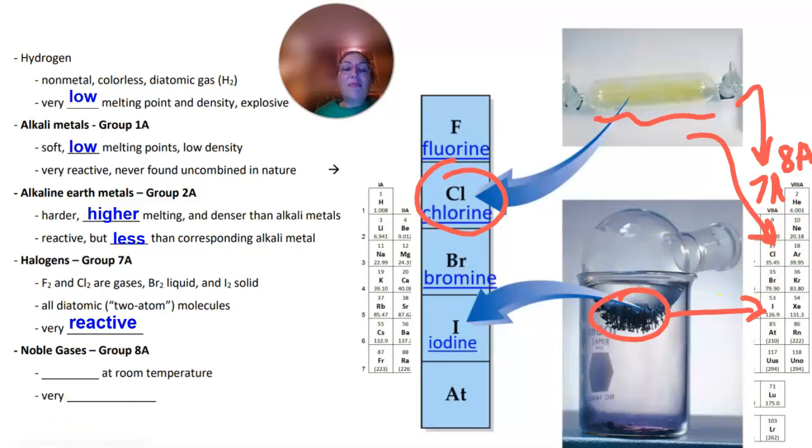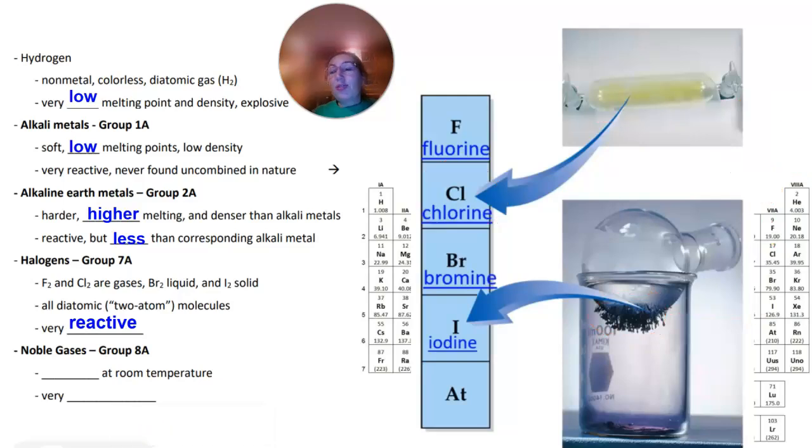So this particular column or family on the periodic table is really interesting because we go gas at fluorine, gas at chlorine, liquid at bromine, solid at iodine. We've got a liquid here with bromine, a solid with iodine, like these kind of dark purpley iodine crystals. They're kind of fun. These halogens are all diatomic, F2, Cl2, Br2, I2.